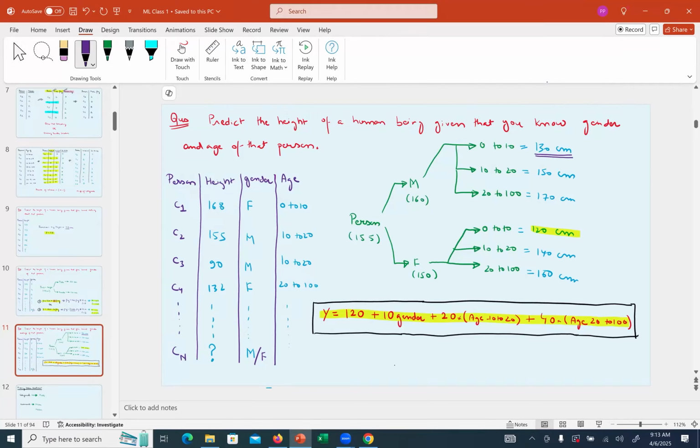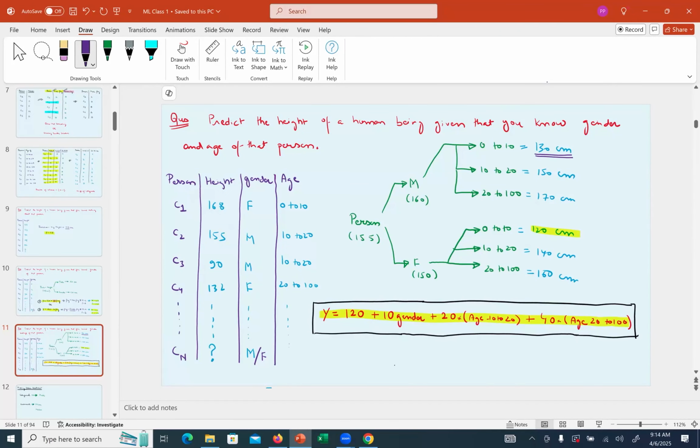Now just imagine if I add a lot of other variables, like the ethnicity of the person, the parents' height, how good a diet that person has had in his life, and all of these things, right? Then the equation will become much more complex and it will be very difficult to do by hand, right?